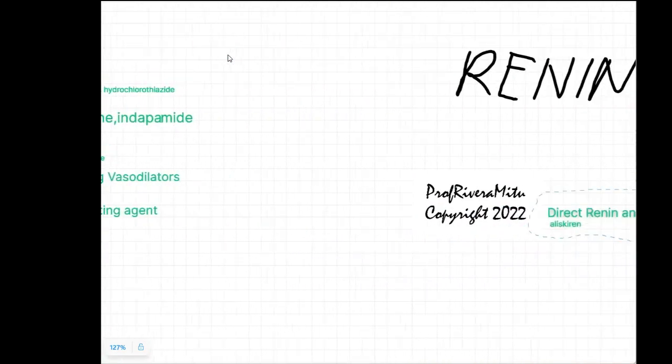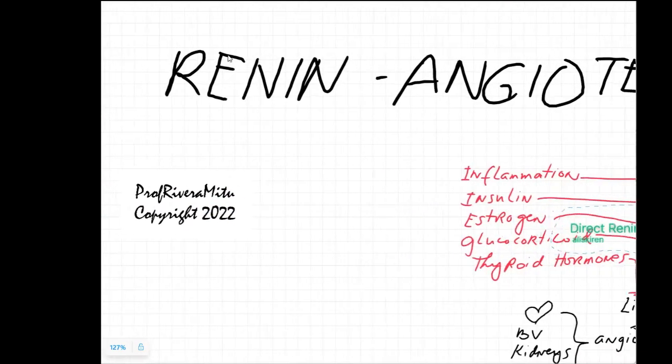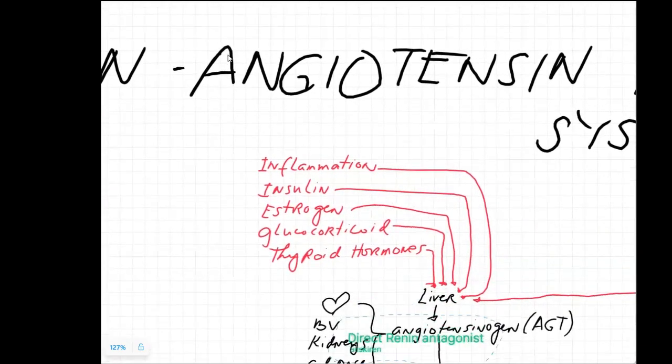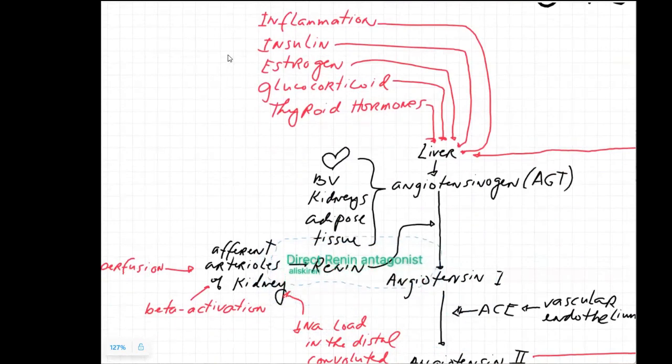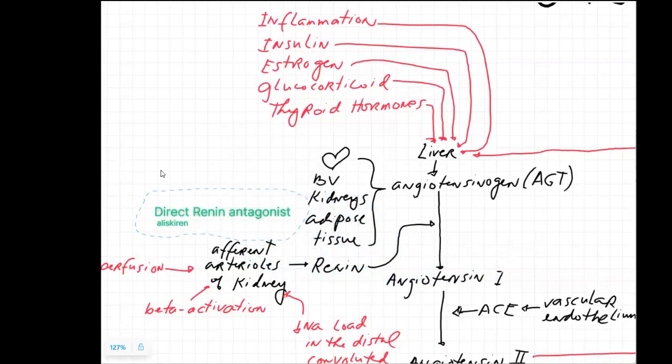Right? So renin acts there, which would have been good. The only problem is the direct renin antagonist, because it acts in the kidneys, has been known to actually trigger kidney failure or chronic kidney disease.